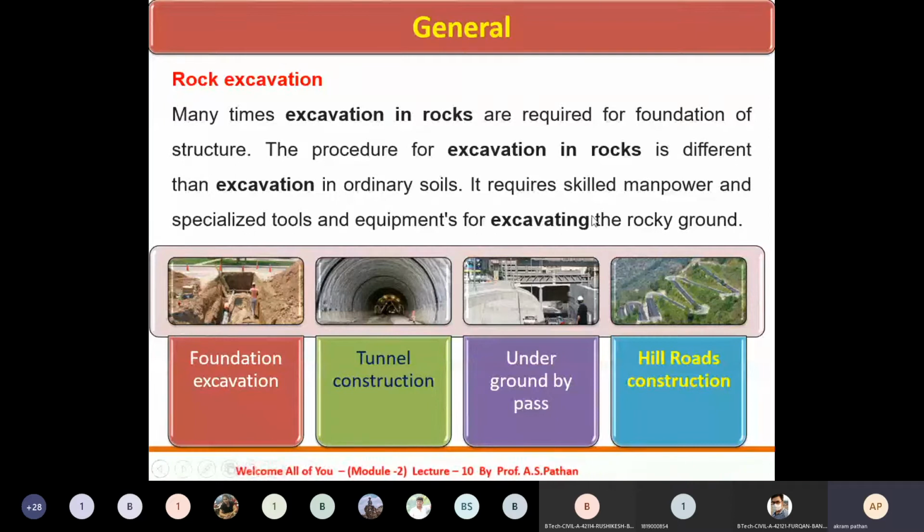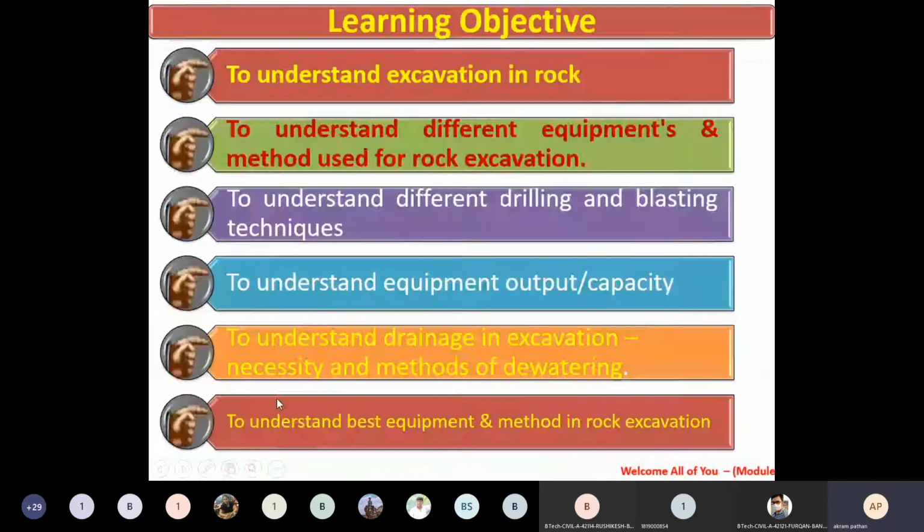We are going to discuss all the equipment, their capacity, that is the output of that equipment, and the total cost of that equipment also, in cubic meters per hour or cubic meters per day. These are the areas we have to see in the incoming lectures.